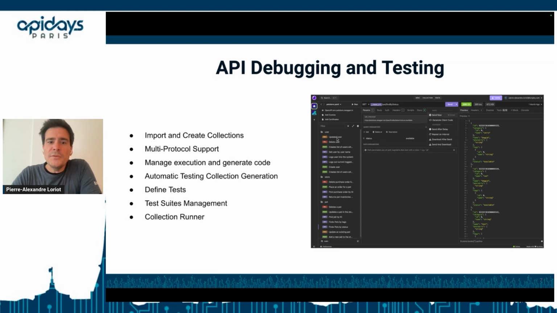And when you define your request, you can see the result on the right side of the screen, and you can do unitary testing, but you can also define tests because it makes sense to define the expected response code, the expected result of your test. So you can define tests and also define a test suite and execute it with the collection runner. I will comment on it later, a series of tests to validate a scenario.